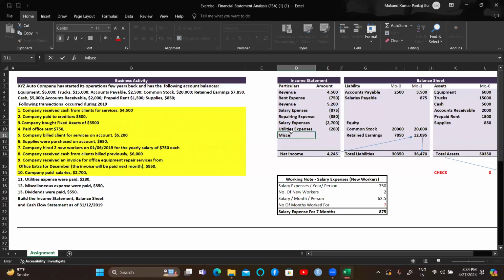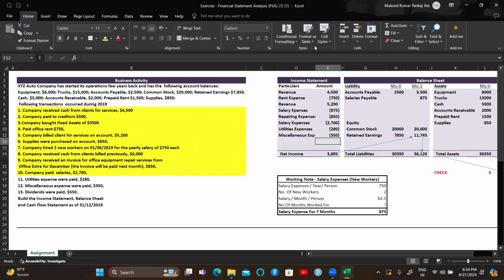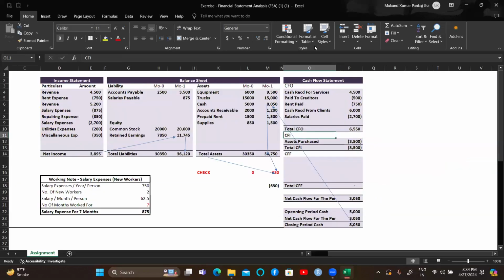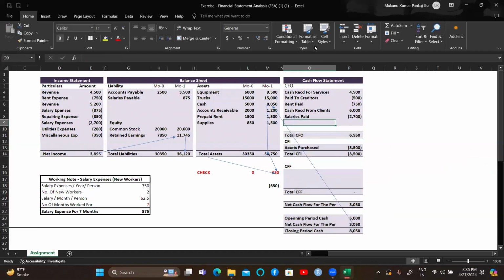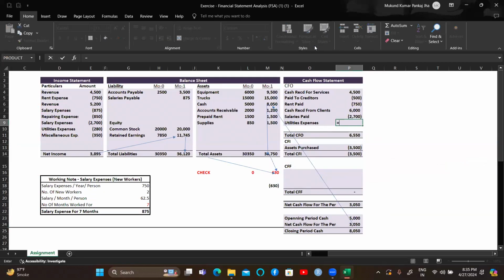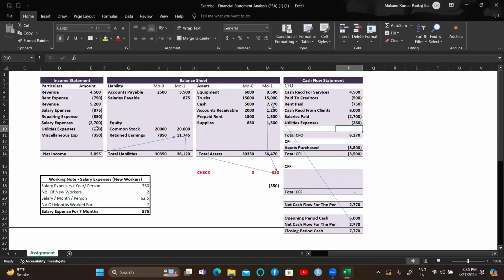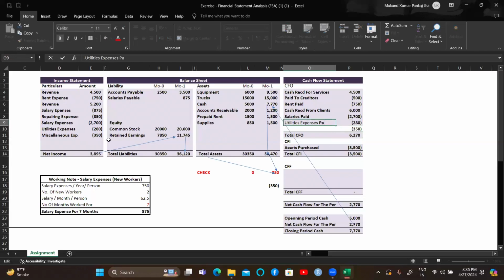Miscellaneous expenses worth 350. Utilities expenses 280. Miscellaneous expenses 350 paid.